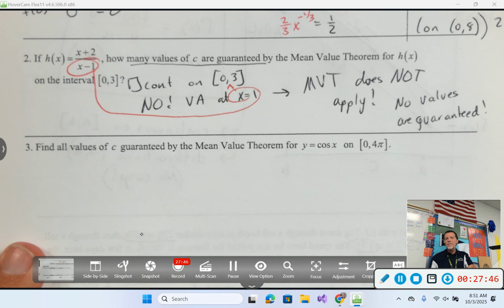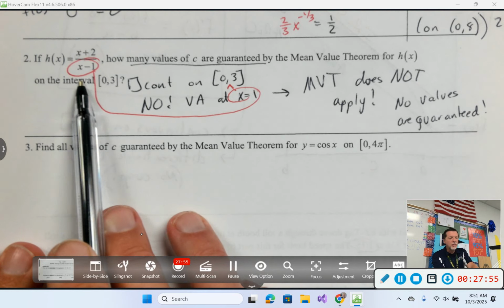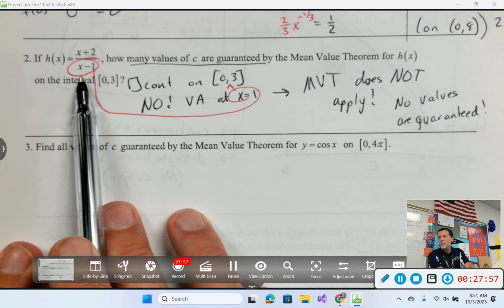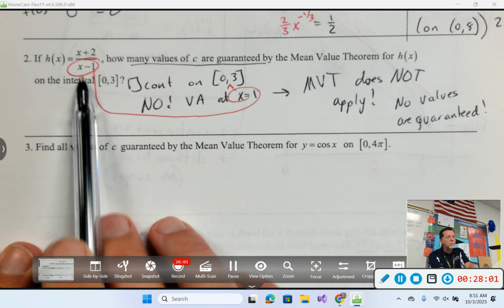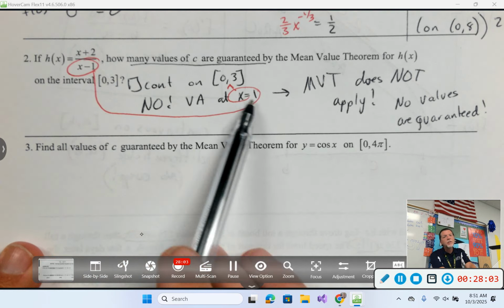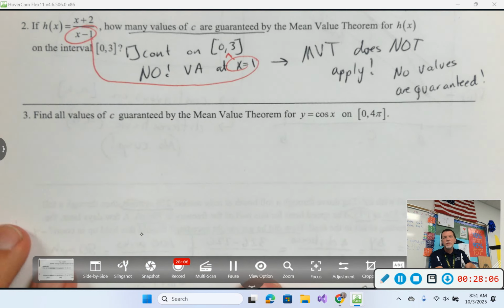What if it had said on the interval 3 to 7? Would MVT work there? Yeah, because the only issue is at 1. So as long as we were away from 1, we'd be okay. So be careful. The interval matters. You can't just look at this and be like, whoop, vertical asymptote, can't work. No, it depends on what interval we're talking about.